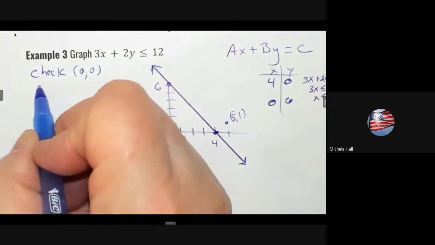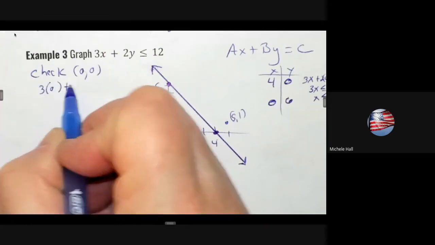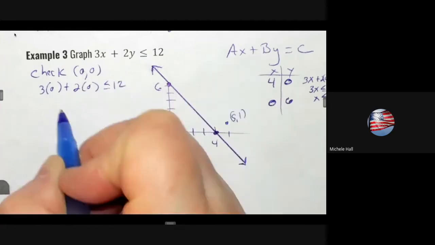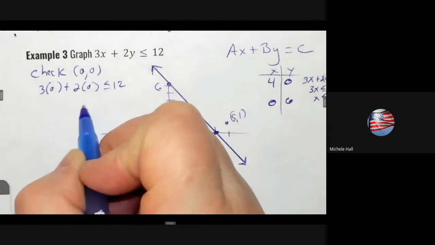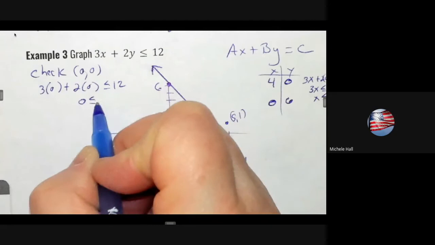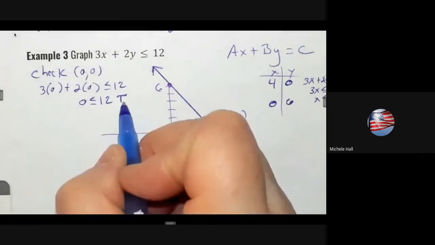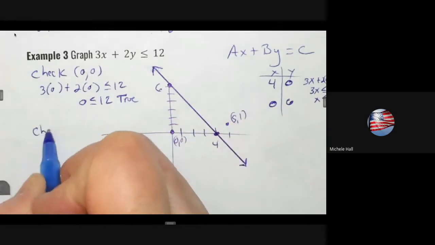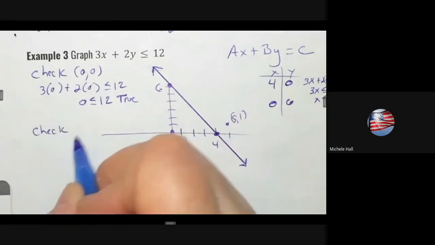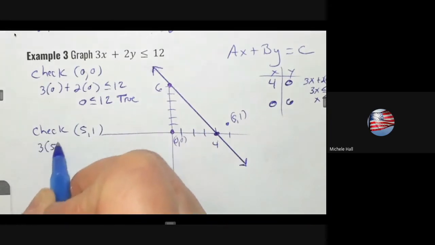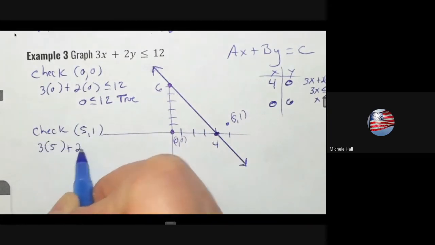So we have 3 times 0 plus 2 times 0. Is that less than or equal to 12? 0 plus 0 is 0, and that is less than 12. That's true. We'll just do one more check on the other side for 5, 1. We have 3 times 5 plus 2 times 1.